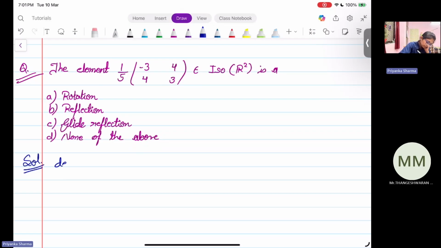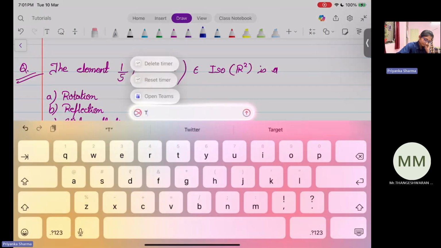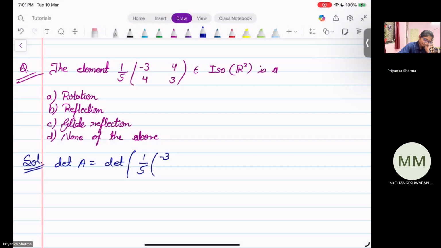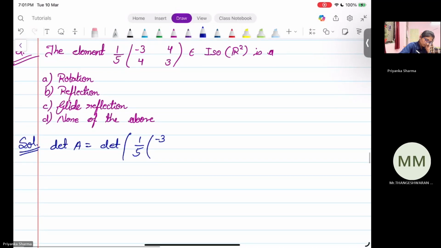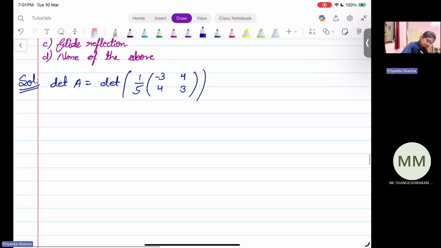We need to find the determinant of A, which is the determinant of 1/5 [-3, 4; 4, 3]. So this is -1 this time.